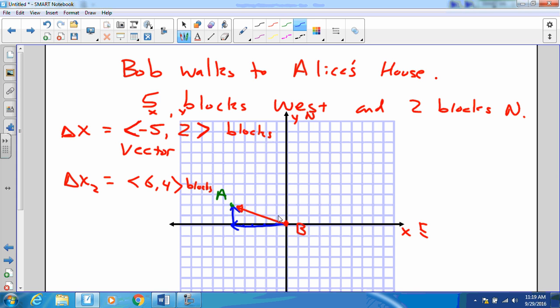North. And so now he is over 6 and up 4, which puts him here at Charlie's house. And the interesting thing about this is it doesn't matter whether he walked across and up or straight there, his displacement is the same. Let's just go ahead and draw his displacement vector. This displacement vector is 1, 2, 3, 4, 5, 6 to the right, and 1, 2, 3, 4 up.